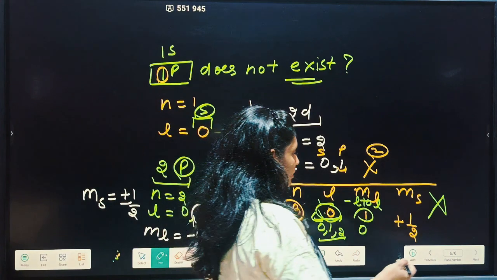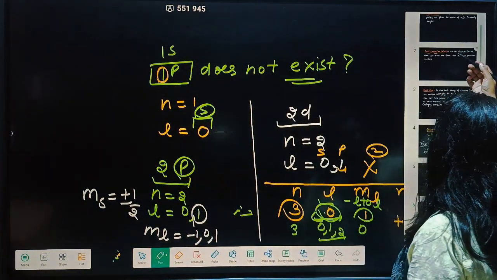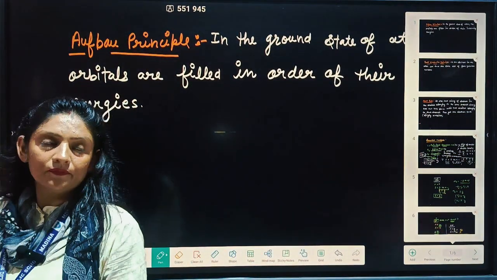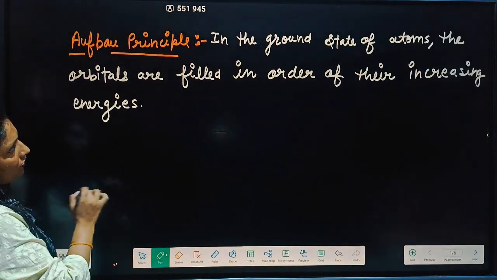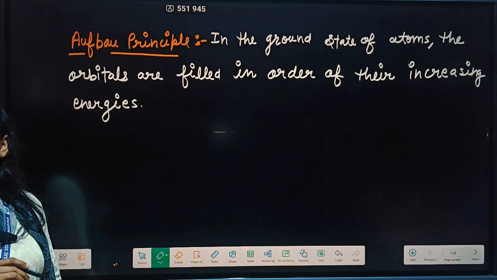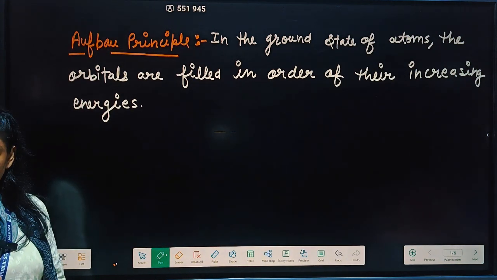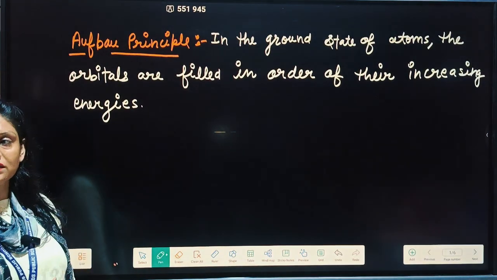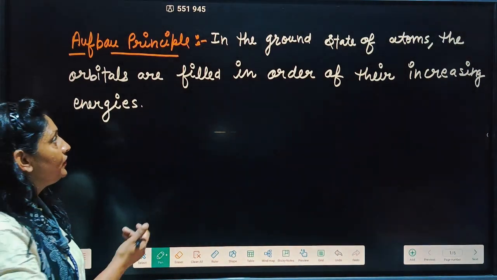Yes. Then students, we will discuss some rules for writing the electronic configuration or for filling electrons in orbitals. First one is the Aufbau principle. What does this principle state?